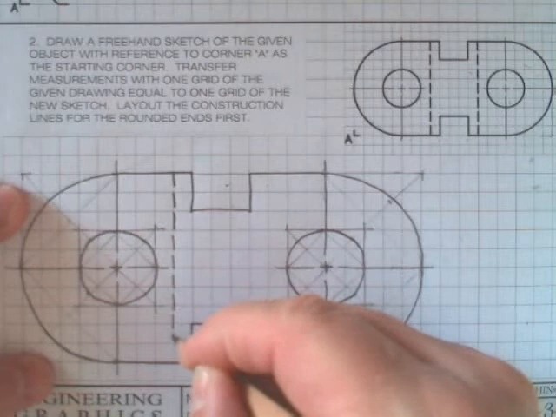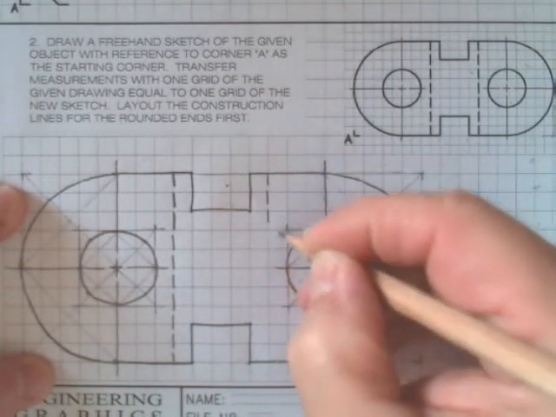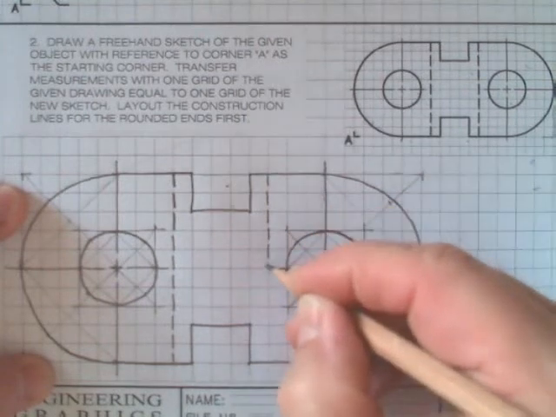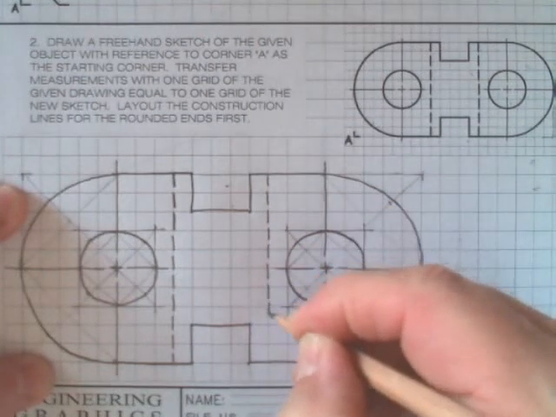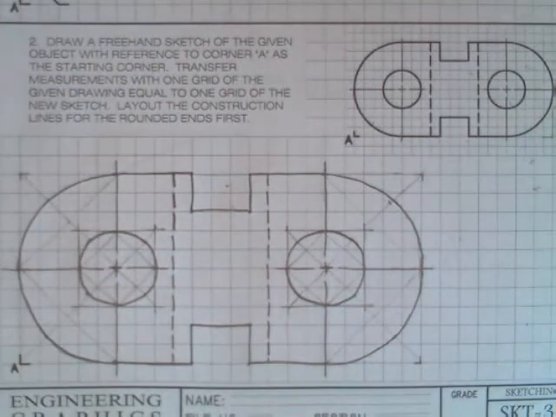And notice that they're not perfect. The goal is consistency and generally straight. And that's what it looks like when it's completed.